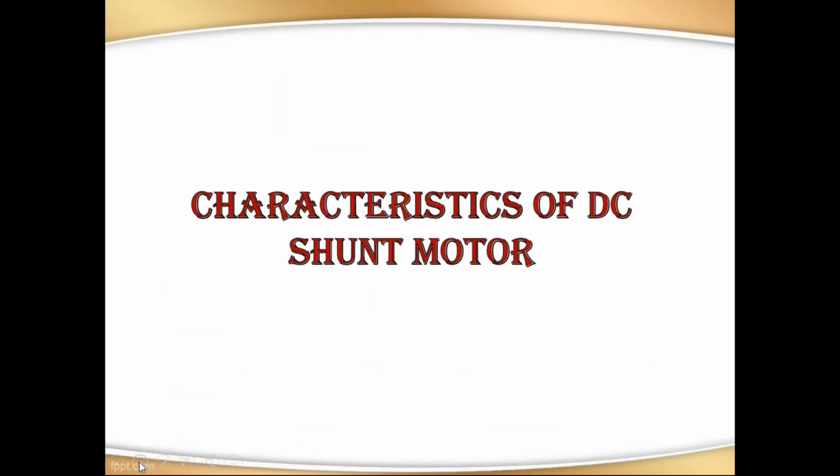Now we will see the DC shunt motor. Now how will the relations be? We have the armature torque directly proportional to phi Ia. In the case of a shunt motor, phi is constant. When phi is constant we obtain armature torque directly proportional to armature current.